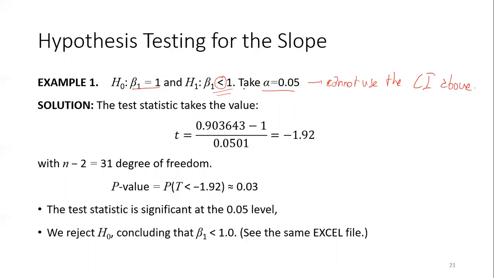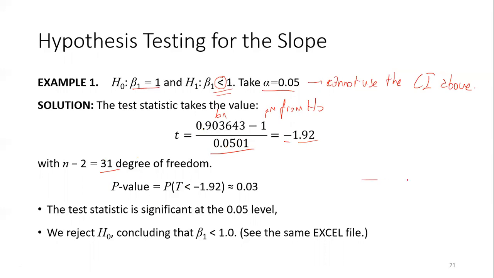So this is a single-sided test, hence we cannot use the confidence interval above. The test statistic just takes the value: this is my b1, minus the value from H0, divided by S of b1, which is equal to minus 1.92 with 33 degrees of freedom.